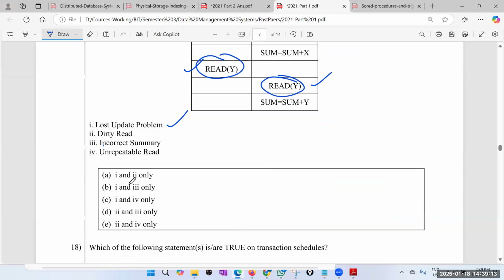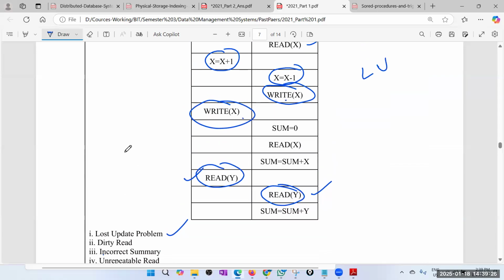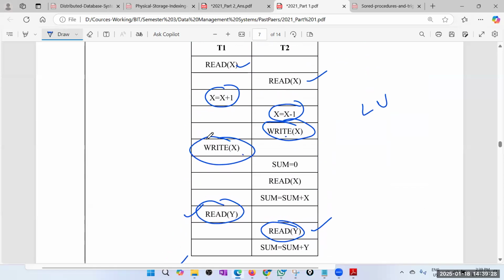But everywhere there are two answers. So lost update is there, that means option one is there, so this can't be one with 2, 3, and 4. Dirty read means reading an updated value. So this is also an updated value being read, right?